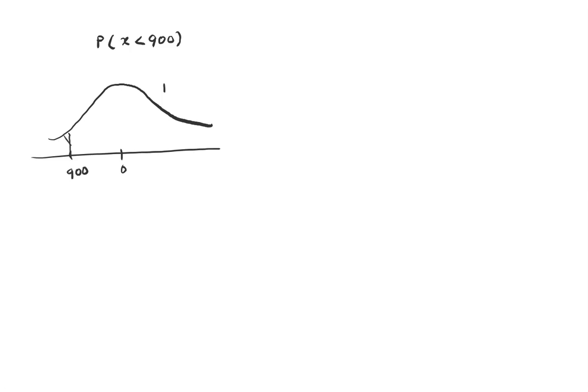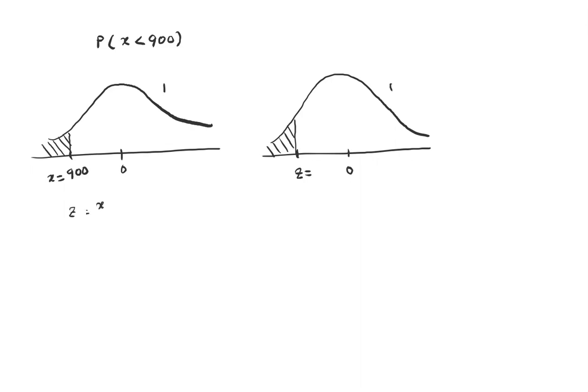Zero, one, and we are going to find the z value here. What is the z value? Can somebody quickly tell me? It's pretty easy. X is equal to 900 and z is equal to 900 minus mu, which is 1500.